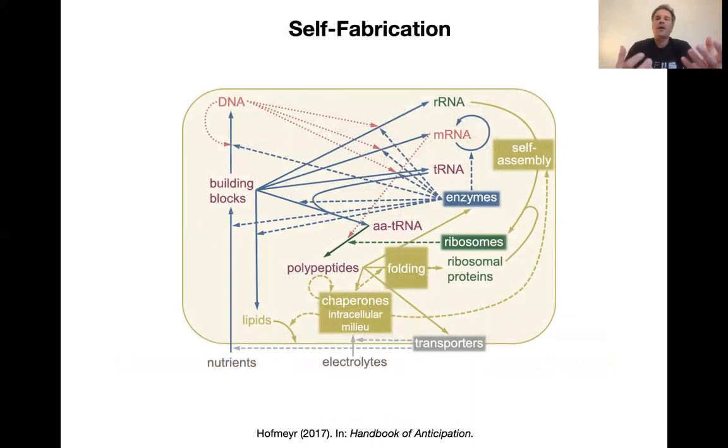It's like a computer that not only programs itself, but builds itself. And this is the cell. This is the model of the efficient causes that we looked at when we looked at Jannie Hofmeyr's work and his translation of Rosen's scheme into the real cell.